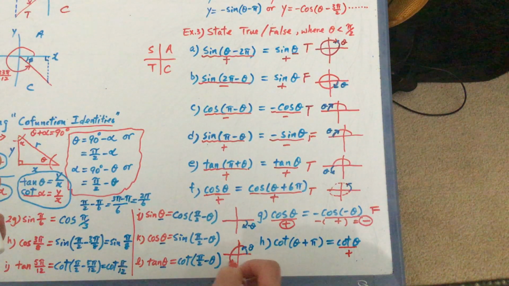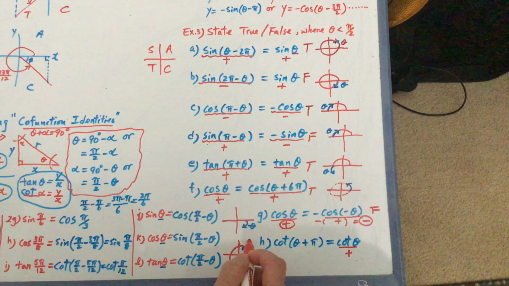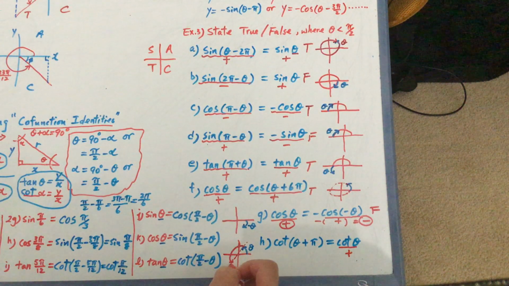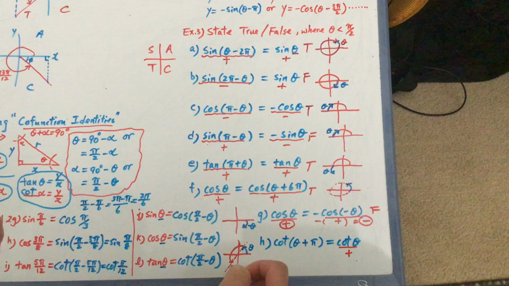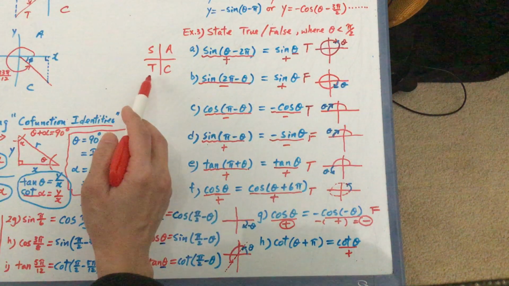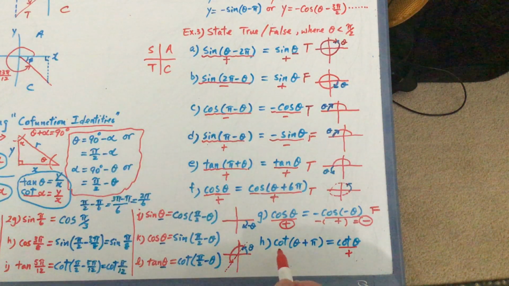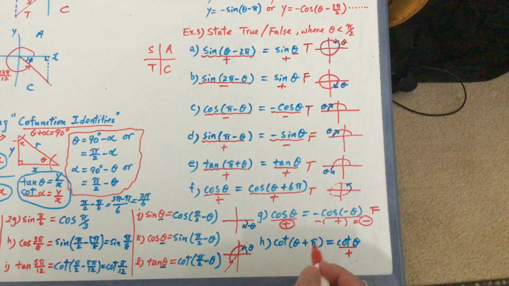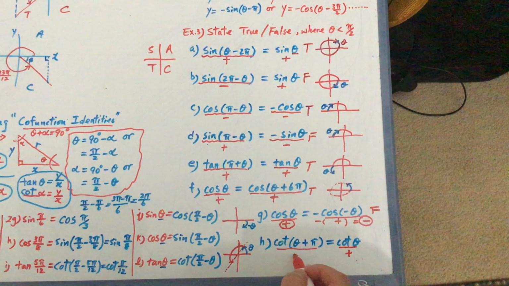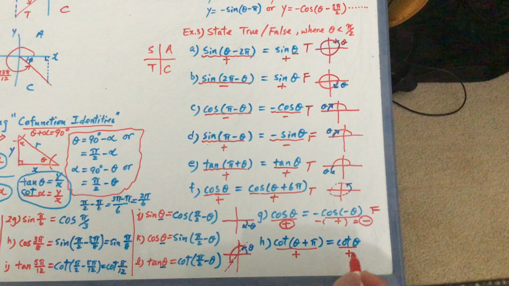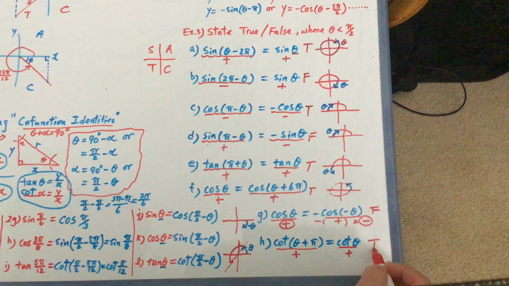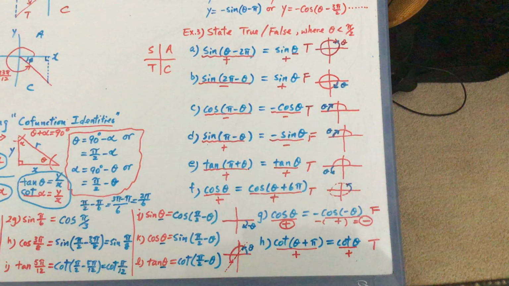So 180 degrees will go in here, in quadrant 3. Tangent in quadrant 3 is positive, and so is cotangent. So this one is going to be positive as well. So that makes this true.